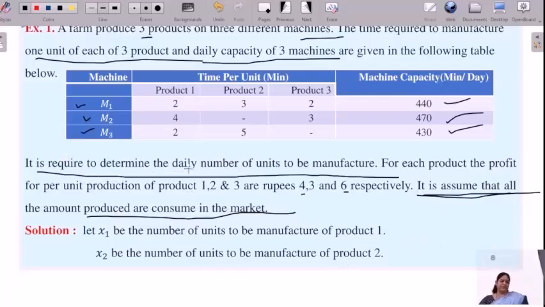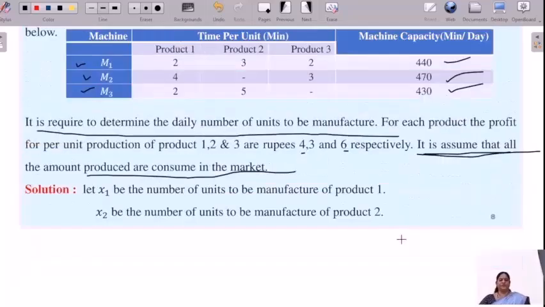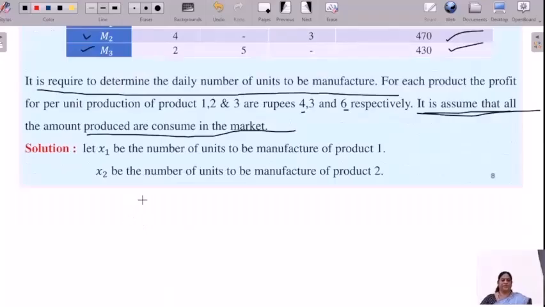We have to find out the daily number of units to be manufactured for each product. Suppose x1 is the number of units to be manufactured for product 1, x2 be the number of units to be manufactured for product 2, and x3 be the number of units to be manufactured for product 3.